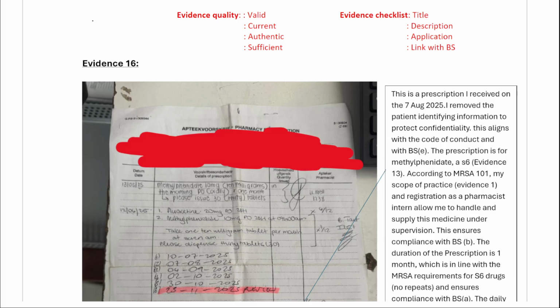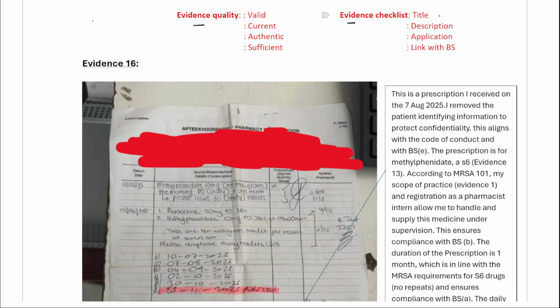Before we start, please let me remind you of a checklist that I developed from the Intern Tutor Manual that allows you to know exactly what is required of you as an intern whenever you are providing evidence. I titled this the quality of the evidence and then an evidence checklist.